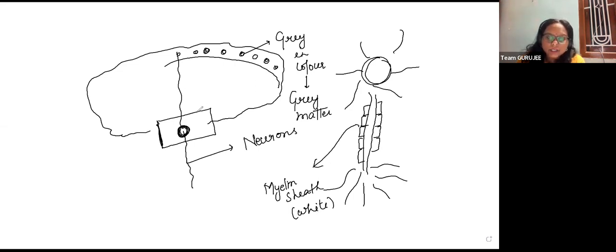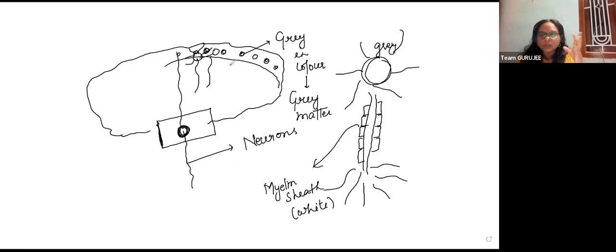Now when you see there is a neuron here, and there is a dendrite here, the dendrites don't have the myelin sheath, so they look gray in color. All the dendrite parts will be on the top.